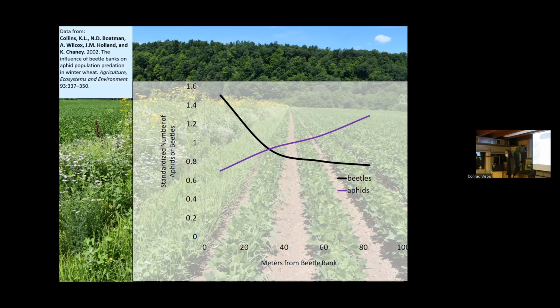Does that make sense? The idea being that these beetles are eating the aphids, most abundant close to the bank, and they have an effect on the aphid populations, but eventually you get so far away that you no longer have that sort of aura from the beetle bank.